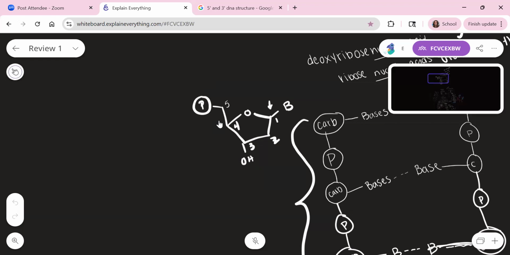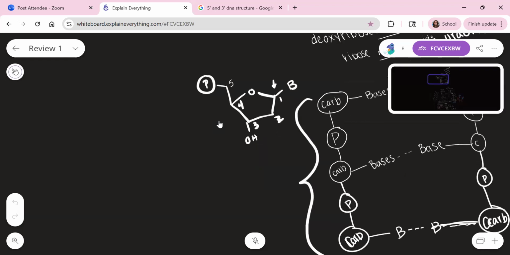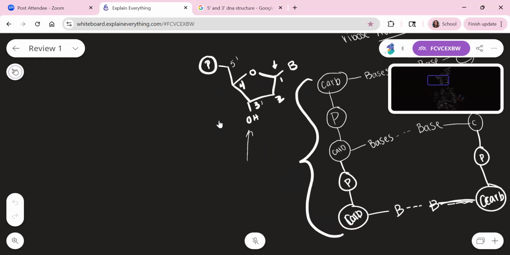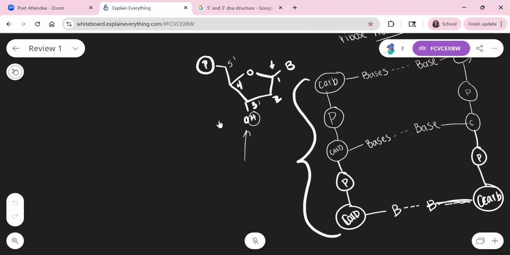And so when we add, here's my 5' carbon right here. Here's my 3' carbon. So when we're adding, we want to add to this side. Do you guys know why we can do that? Because it's an OH. Yeah, we can very easily take this hydrogen off of it to create a bond with another phosphate.